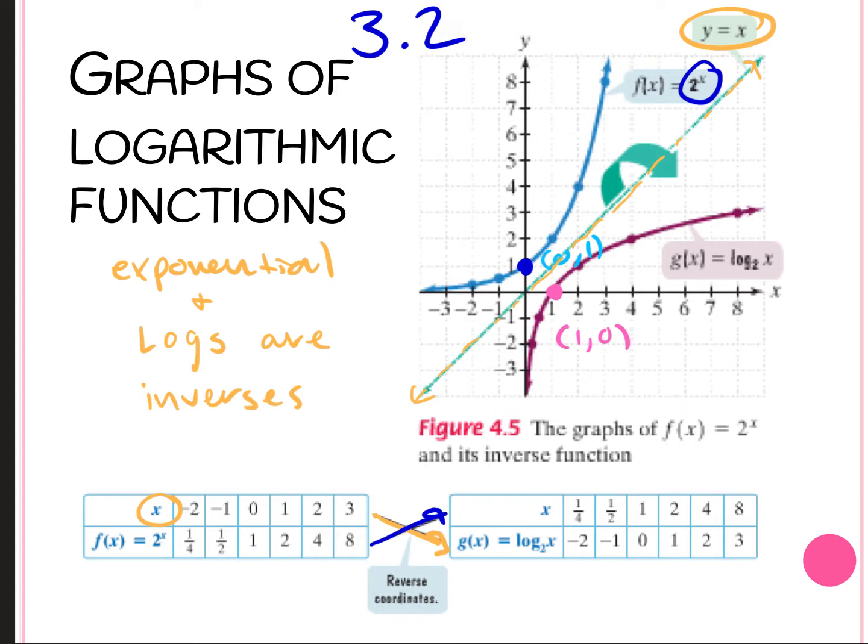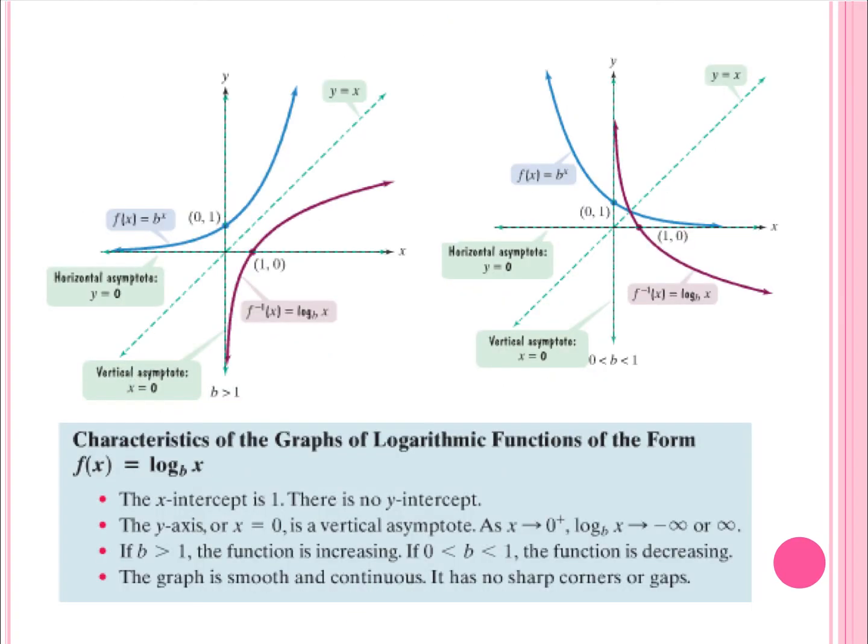So our log graphs start down low and then go to the right, just like how our exponential graphs start close to 0 and then go up to infinity. So they mirror each other on that x is equal to y line. So the graph that we were looking at on the last page works for positive bases.